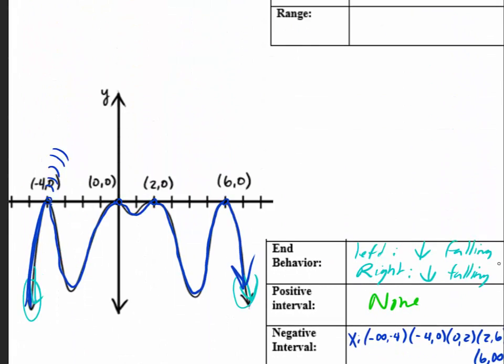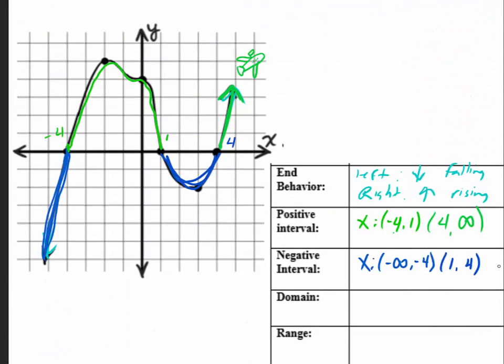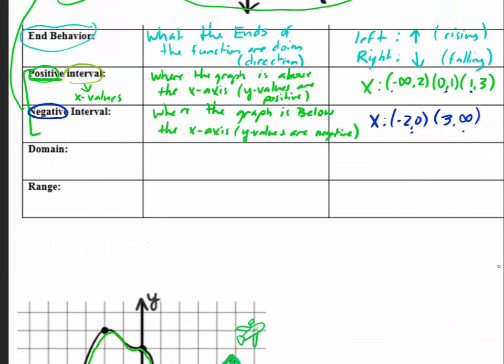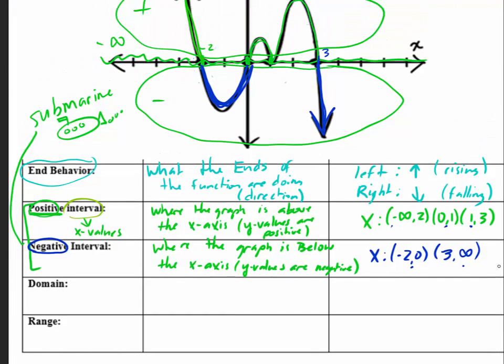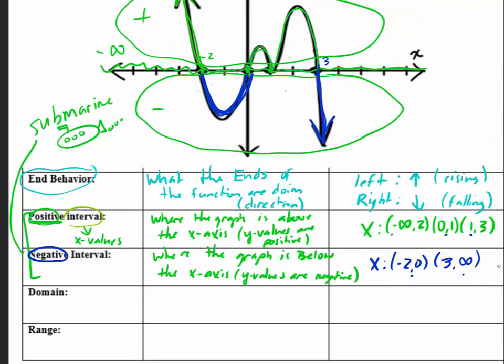The last two, domain and range, are probably the most important two out of all of these. So the domain. Domain is something that hopefully you're familiar with, especially from Algebra 1. Domain is all the x values that your function uses.